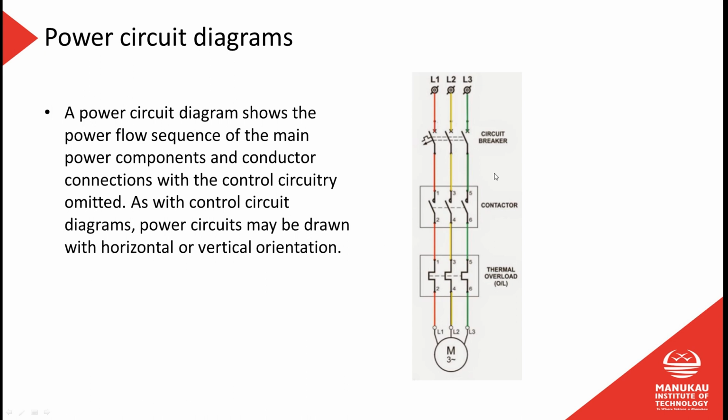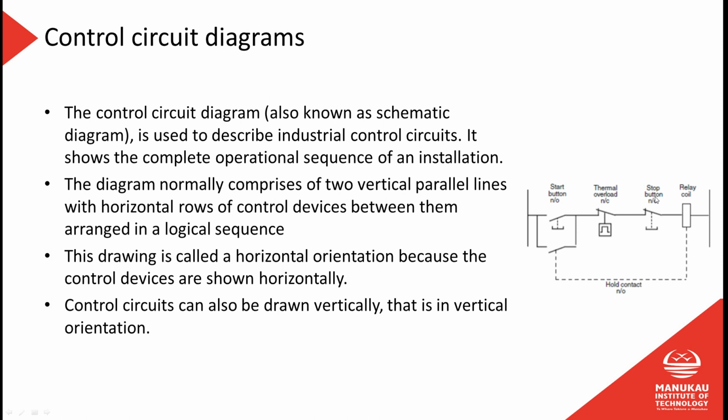It doesn't show us, for example, this middle piece here, the contactor, where that contactor is being switched from. If we go to the previous slide, this here would tell us that relay coil there, for example, may be switching the contactor on the next page, and you might indicate that by drawing something here.